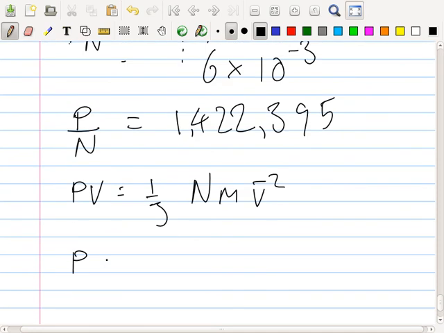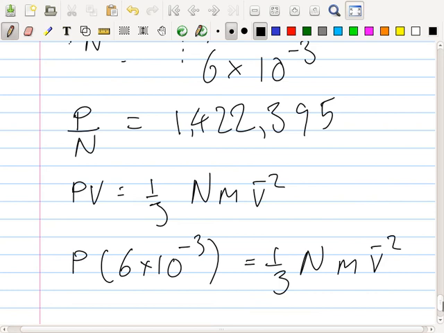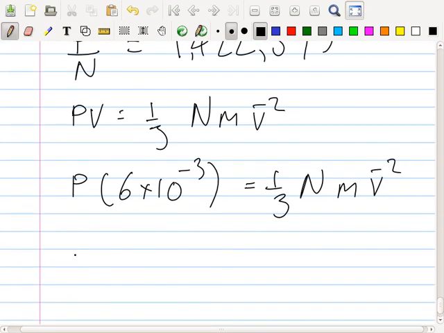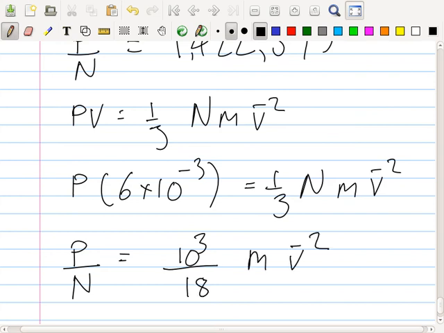P times 6 times 10 to the minus 3 equals 1 over 3 NMV squared. So I get P over N equals 10 to the 3 over 18 MV squared.